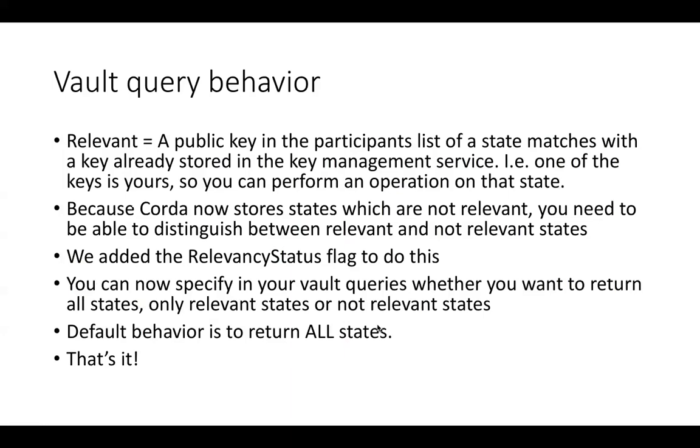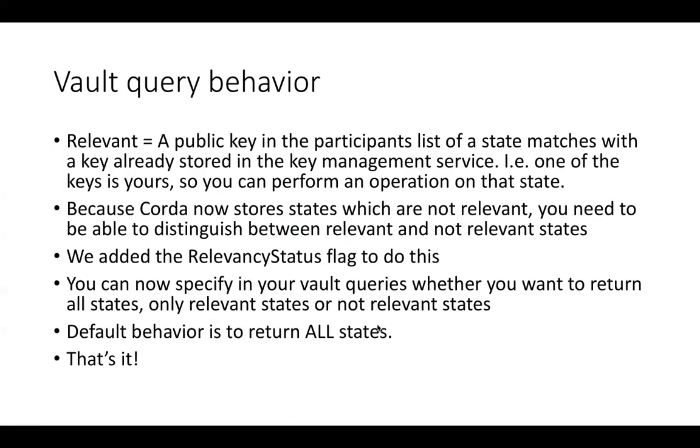So my question is, why wouldn't you most of the time, rather than be querying for either relevant or not relevant or all, pass in some custom query almost all the time? Like, let's say if I'm building a wallet and I want to get all the coins that I can spend, I don't see myself querying for relevant. I don't see myself querying for non-relevant or all. I see myself querying for states where I'm the owner. So why are we building this relevant flag if I could probably use a custom query?